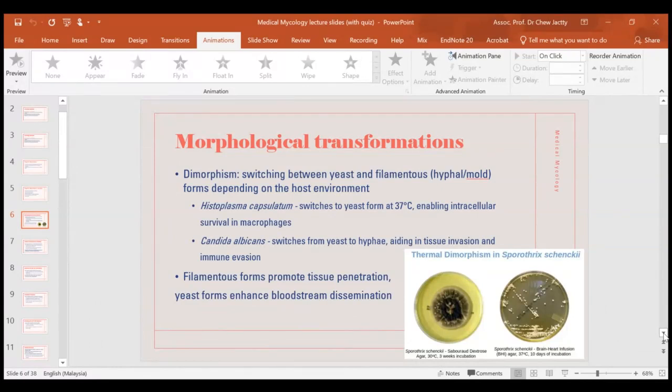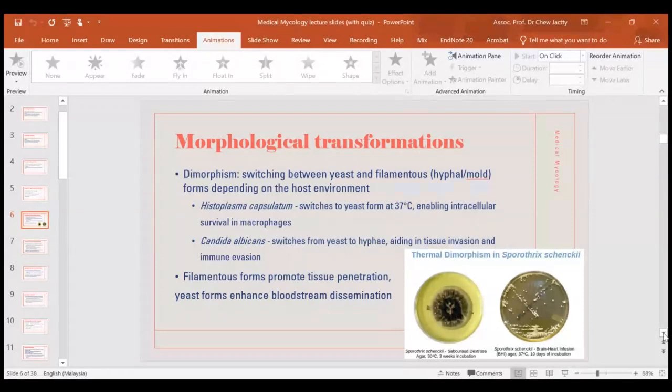In the environment they form mold, but when inhaled by human hosts at 37 degrees Celsius, they form yeast growth. The yeast enables the fungus to survive intracellularly inside the macrophages. So in a sense, going from the mold to the yeast form, they survive better inside the host.